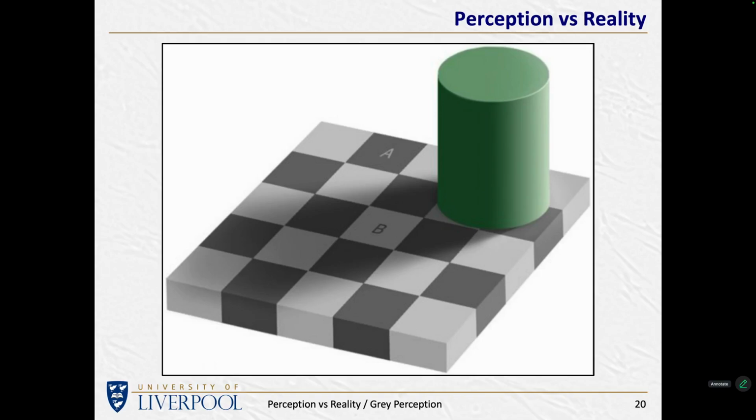Your brain is so easily fooled. Computers don't suffer the same confusion. If you want to know how bright a pixel is, the computer will tell you. It's not fooled by the context of the checkerboard or this green cylinder, which appears to be casting a shadow.